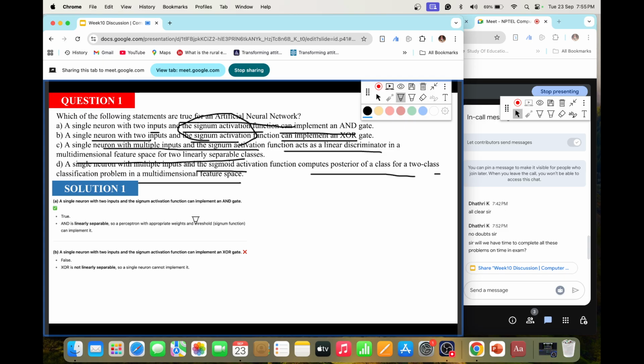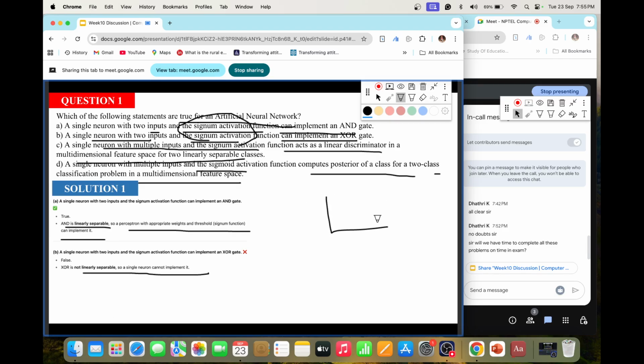XOR gate is actually not linearly separable, so a single neuron cannot implement it. AND gate or OR gate is linearly separable, so a perceptron with appropriate weight and threshold can implement it. So these gates can be separated if they are linearly separable.